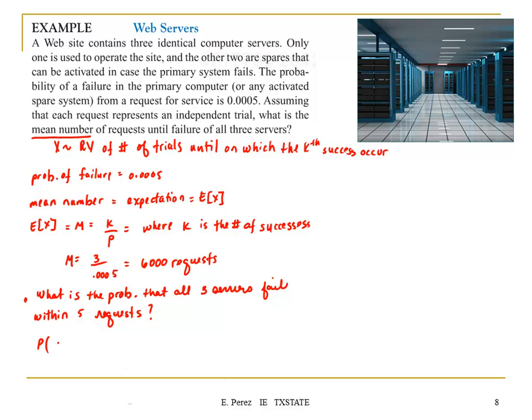Okay, so we can state that probability with x being less than or equal to 5. No, I'm sorry, within 5 requests, so at most 5 requests. Okay, within 0 and 5. So that probability is x less than or equal to 5.